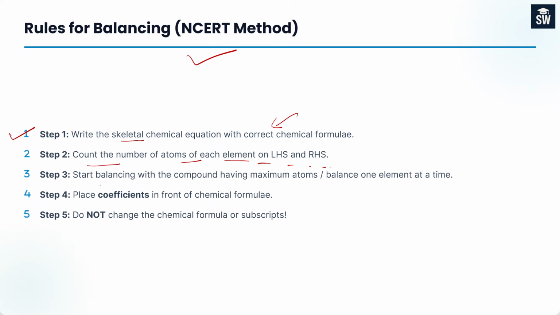Number three, start balancing with the compound having the maximum atoms, or balance one element at a time, and then place coefficients, meaning the factor in front of the chemical formula. Finally, do not change the chemical formula or subscript of the compound. These are the basic rules for balancing any chemical equation as per the NCERT method.